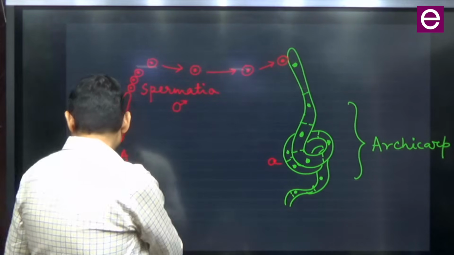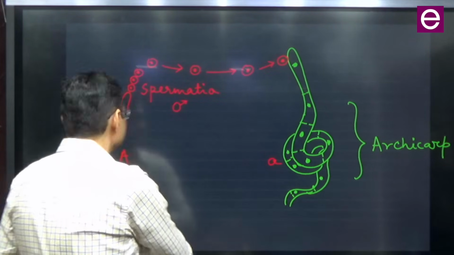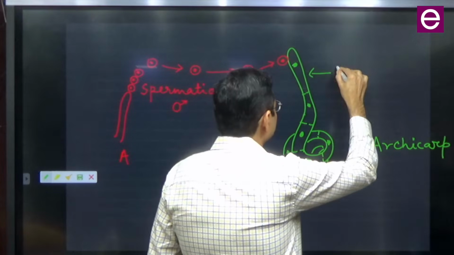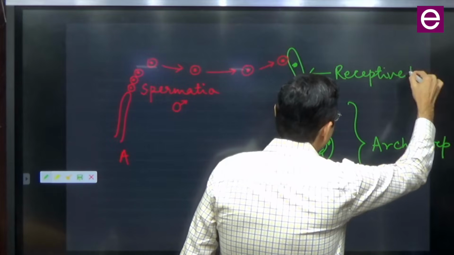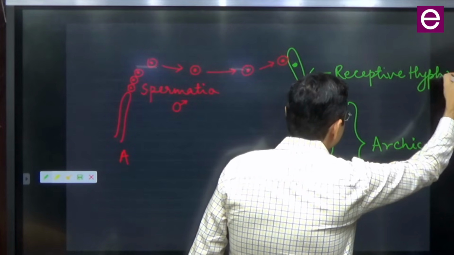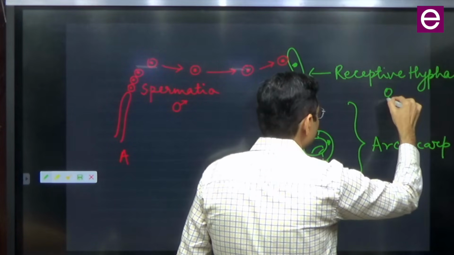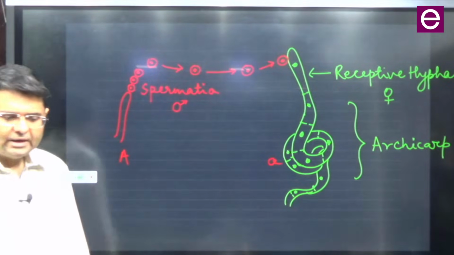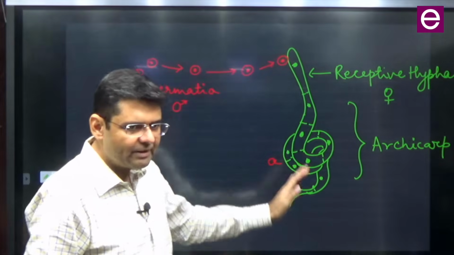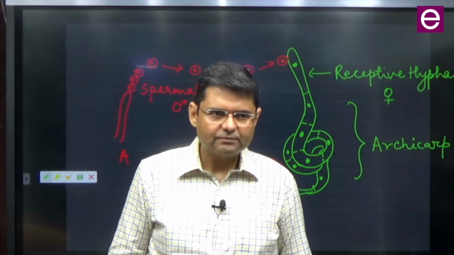Spermatia are the male gamete, and this is receptive hypha, that is the female structure. So between them there will be fusion. If you are running short of time, इतना भी बना दोगे, it will be good enough. ठीक है ना?